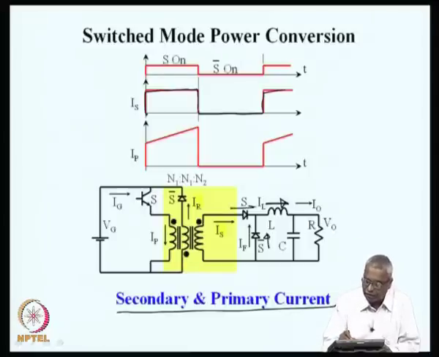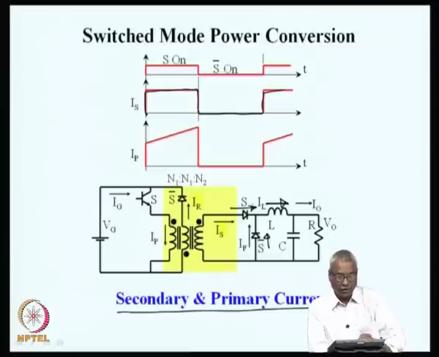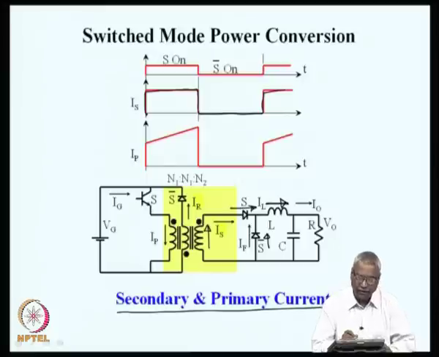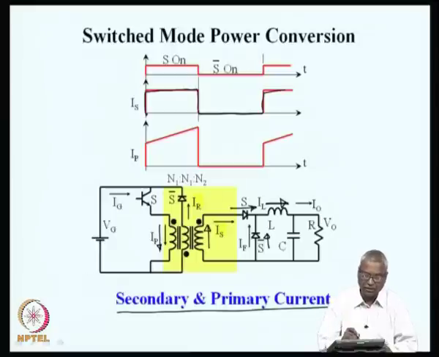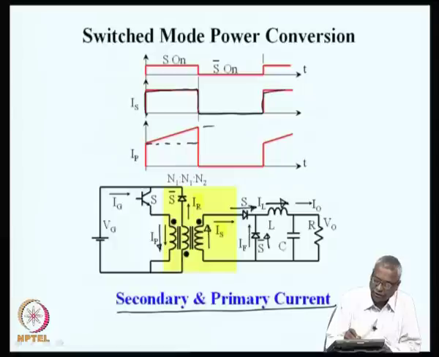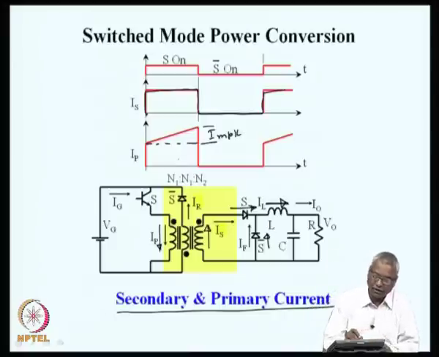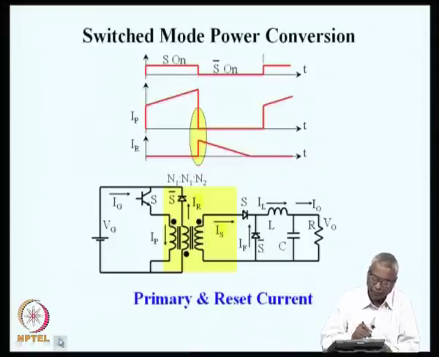During the on time, it will flow through the main diode S, which will also flow through the secondary winding, and then a reflected current of this IS plus the magnetizing current is what will be flowing on the primary. This part is the peak magnetizing current, the rest of it is the reflected primary current, and this is how we will see the primary and secondary current in the windings.